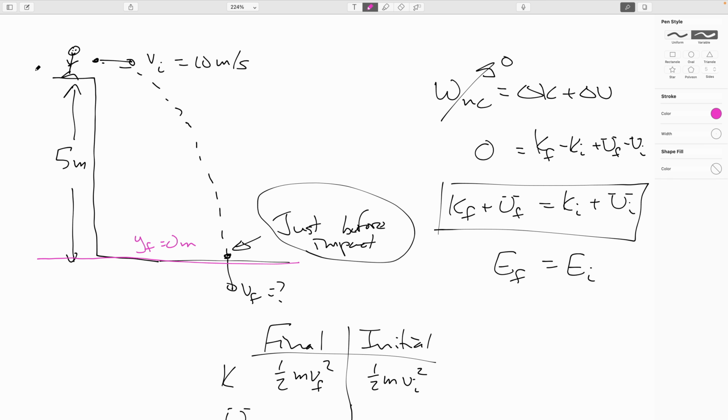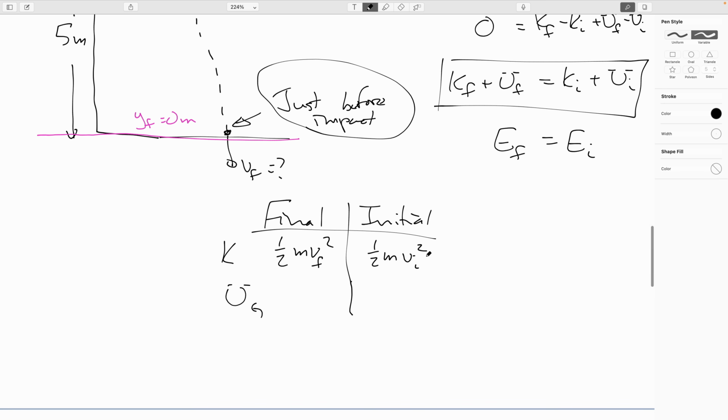This will still leave us with y initial equals plus 5 meters. That's at least a positive number, so that'll give us a positive potential energy. So then we can go ahead and say, this is mg y final, mg y initial, but y final being 0 makes the final potential energy 0.